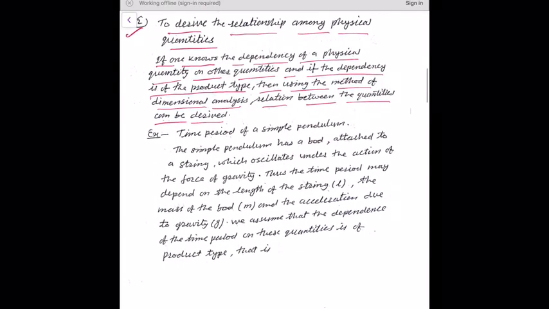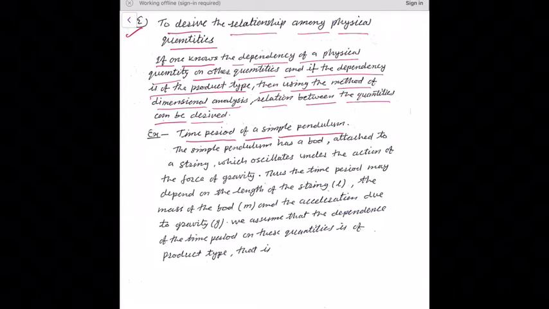Example, time period of a simple pendulum. The simple pendulum has a bob, meaning a solid sphere or ball, attached to a string which oscillates under the action of the force of gravity.